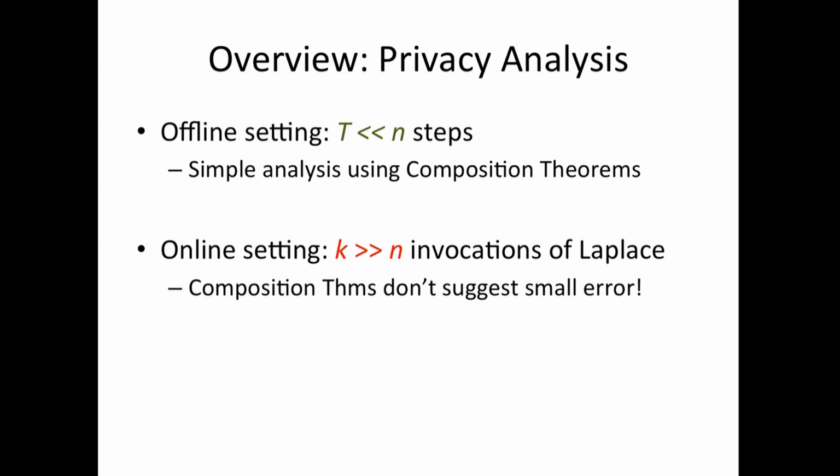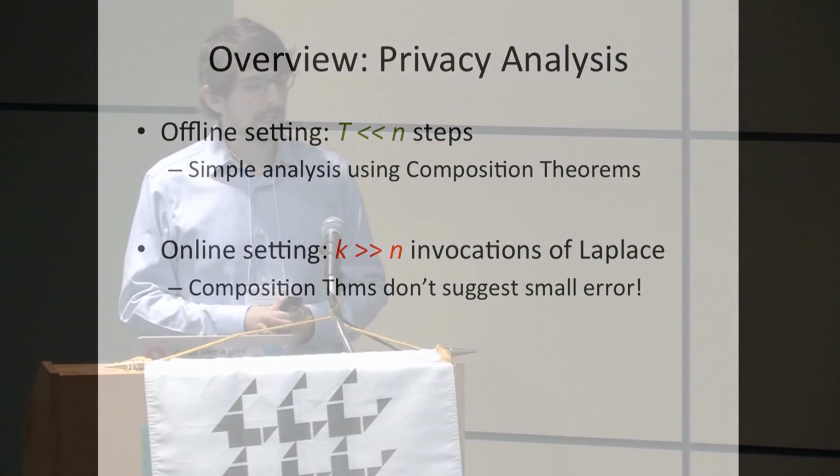We have many more invocations of Laplace than n. And so the composition theorems do not suggest that this algorithm actually has small error. They do not suggest that we can get the error bounds stated in the theorems, because they would suggest that the privacy loss has to scale at least linearly with k, or as a square root of k. Okay, so how do we do this?